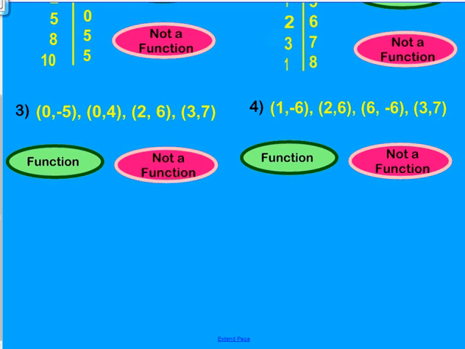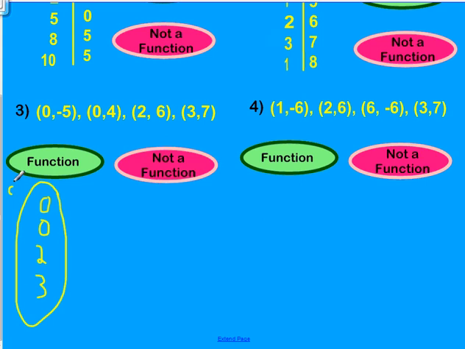So I'm going to go through and list all of my x's. I have them actually in order already. I have 0, 0, 2, and 3. So I'm going to go 0, 0, 2, and 3. Okay, so these are my x's or my domains.